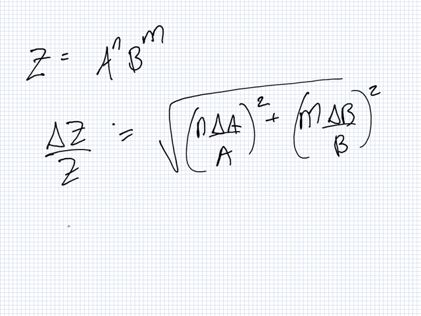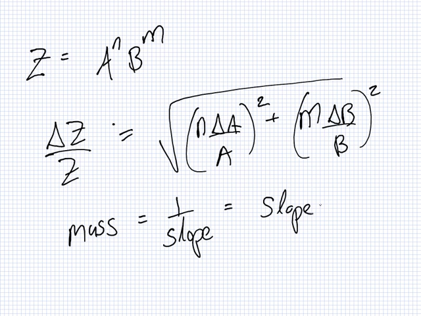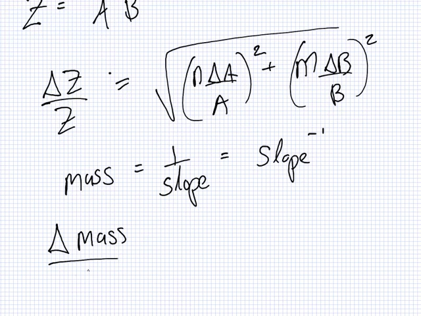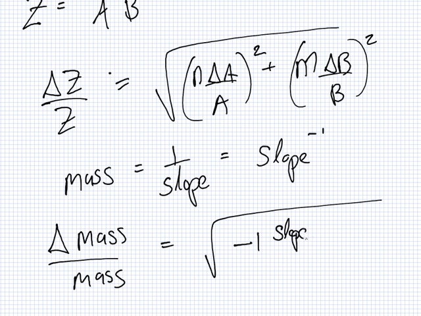So if you have the formula mass equals 1 over slope, then that's equal to slope to the power minus 1. So that means the uncertainty in the mass over the mass will equal the square root of minus 1 times the uncertainty in the slope over the slope, squared. No, that's upside down, I'm sorry. The uncertainty in the slope over the slope, squared.